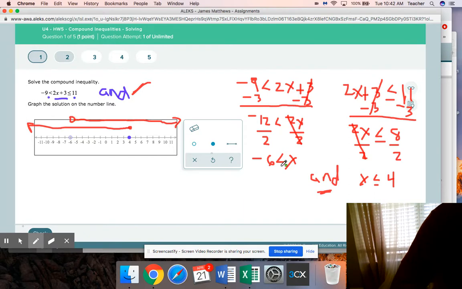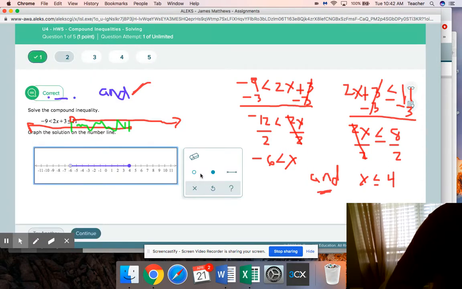Where are they both? Because it says and, that's right here, and then everything in between. So when it comes down to shading, I'm looking for the piece right in between. Select that. Let's check it. And we're good. So that's how you do it with an and.